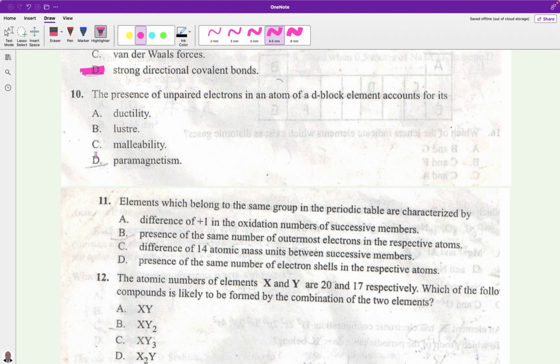No. Malleability? No. D. Paramagnetism. Excellent. Unpaired electrons are what make them paramagnetic. So the answer for 10 is D.